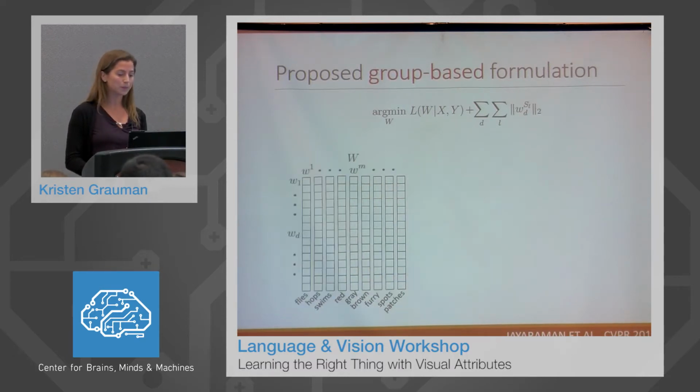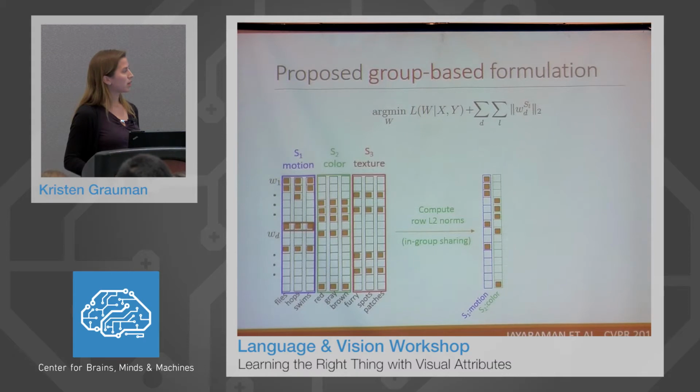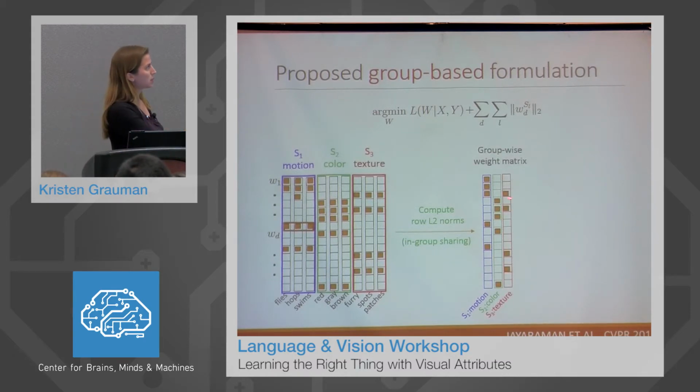So here's what we do. We've split the attributes into those semantic groups. And what we'll say is that we would allow sharing within a group. So all the motion attributes are encouraged to share. And similarly, all the next groups are encouraged to share. Okay, so all our color attributes, say, all our texture attributes. And now consider the collapsed weight matrix coming from these three groups. So now I have a column for each group.